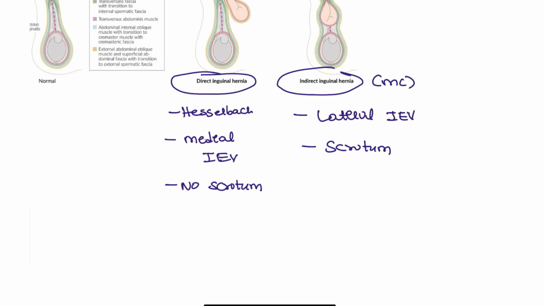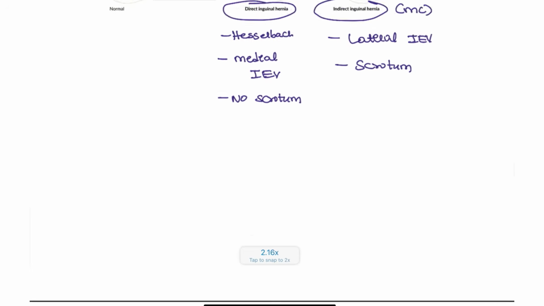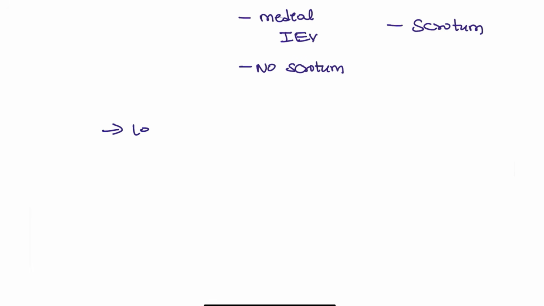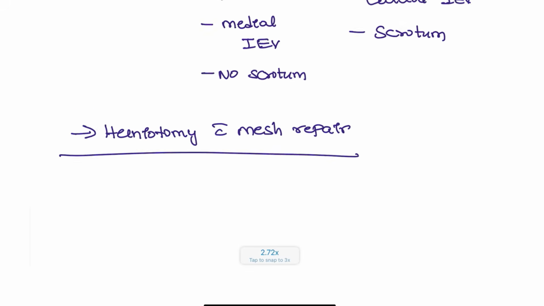Most common overall is the indirect hernia. For the treatment, we are going to use herniotomy with mesh repair for this patient. This is how we are going to treat.